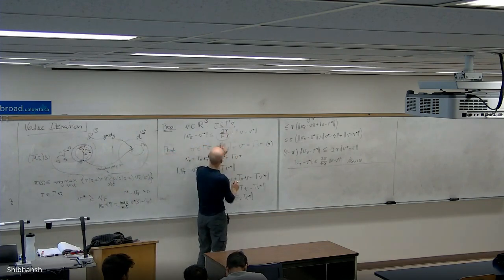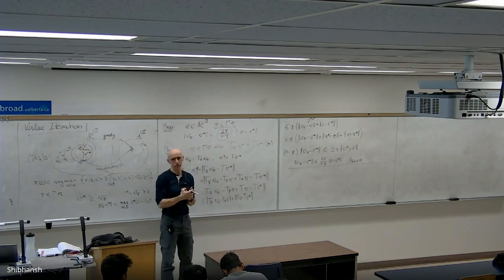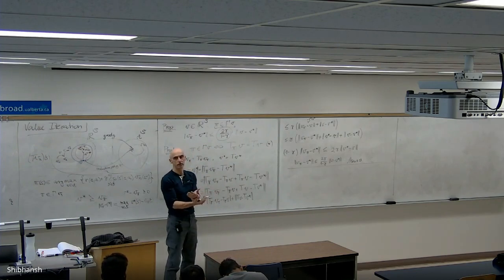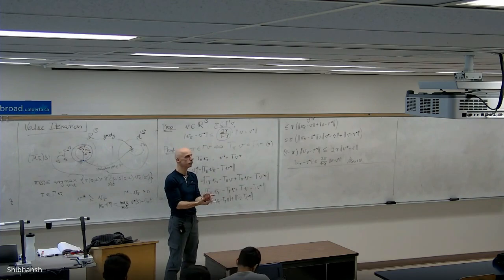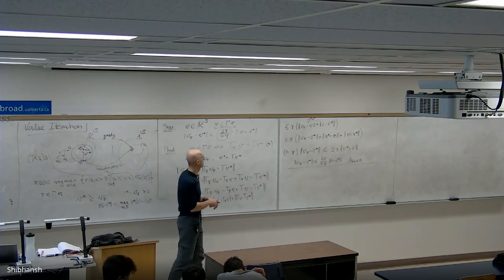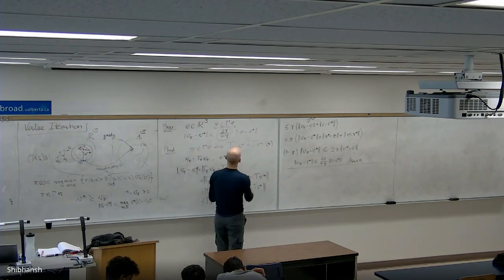It's because 1 minus gamma is between 0 and 1, so 1 over 1 minus gamma is a quantity bigger than 1. The closer gamma is to 1, the closer 1 minus gamma is to 0, and the larger 1 over 1 minus gamma is. So if gamma is very close to 1, you can expect a big blow up of the error.